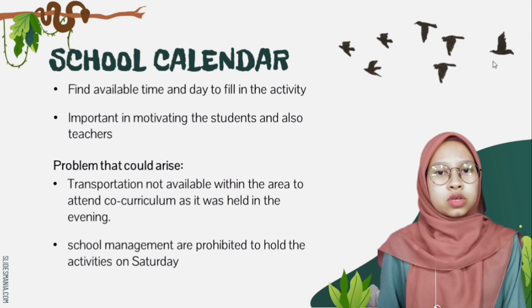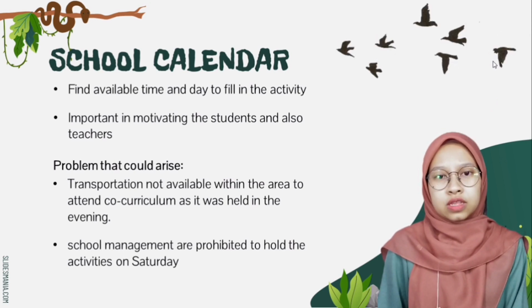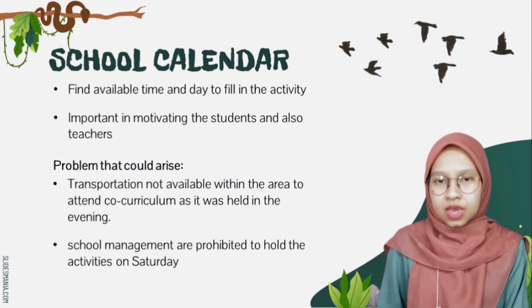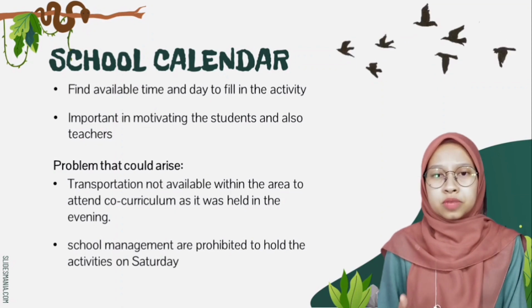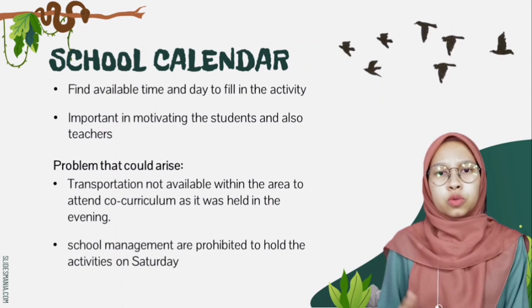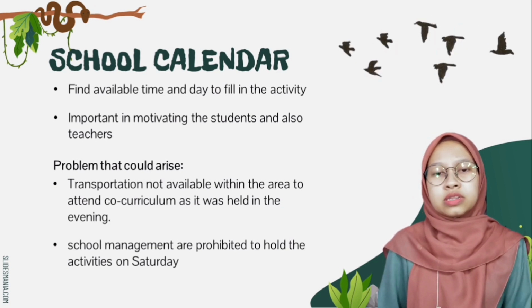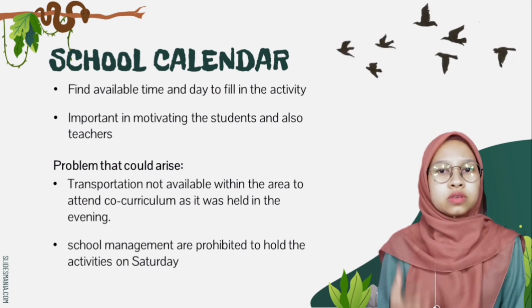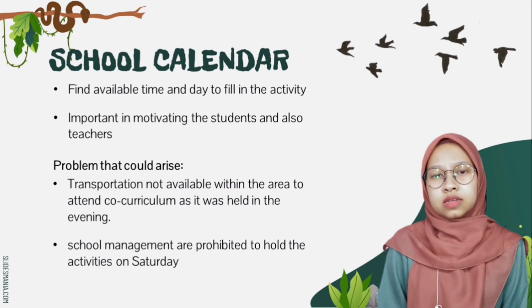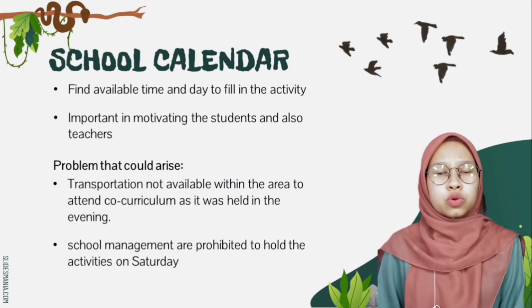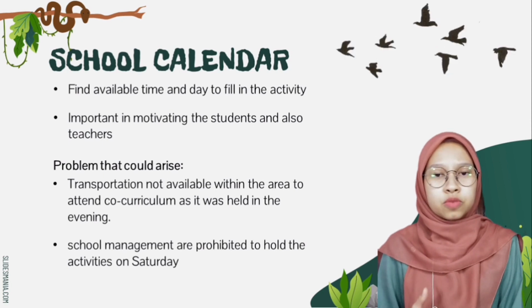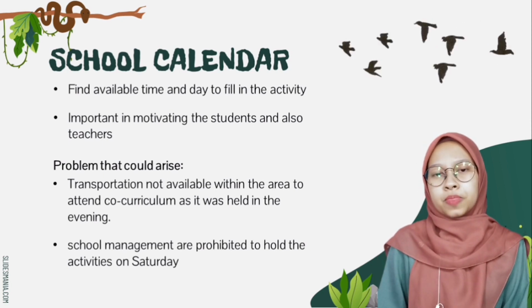For example, during examination season, like final exam, co-curriculum should not be the main concern. Focusing on both academic and co-curriculum at the same time will definitely exhaust both teachers and students. Thus, the required time spent on co-curriculum should be completed before the examination season.